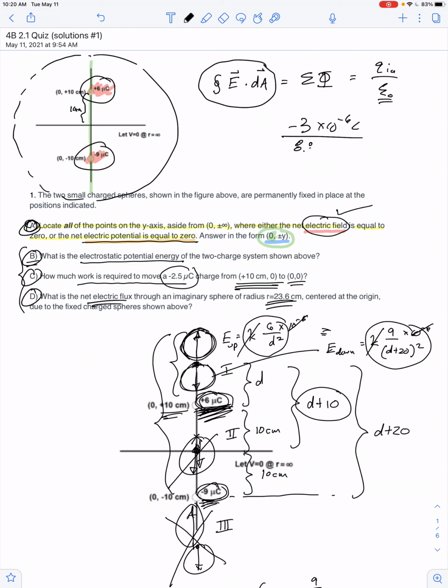That's 8.85 times 10 to the negative 12th, right? So this comes out to negative 3.39 times 10 to the 5th newton meter squared per coulomb. Or you can think of it as newtons per coulomb multiplied by square meters, right? Field strength multiplied by area.